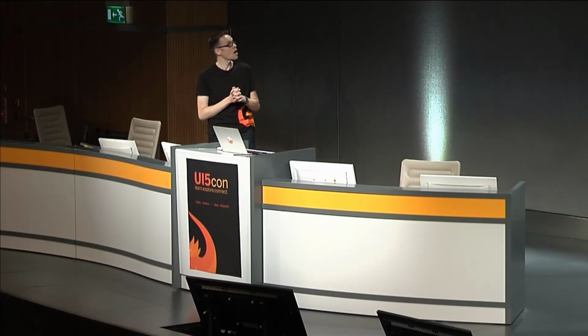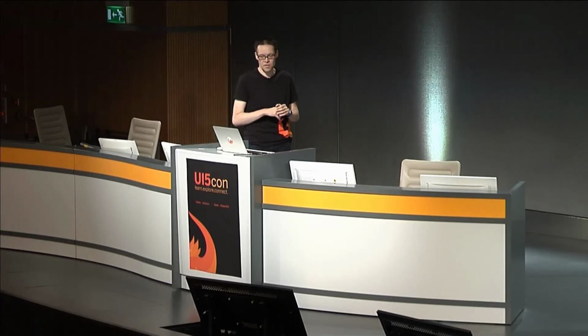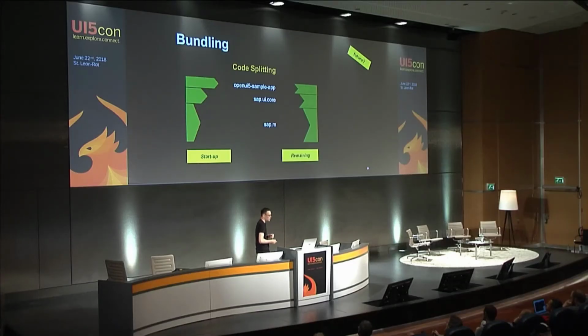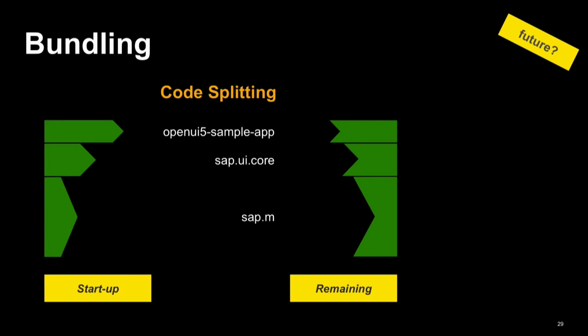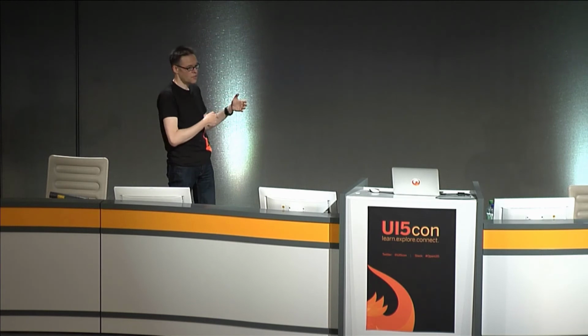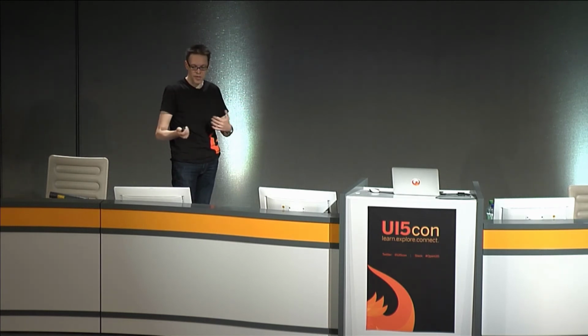What's quite in reach, I'd say, is if you look at such a full app and the code it requires. So why not use code splitting also for a UI5 app and have just that part that is initially needed for the startup transferred and used to bring up maybe just the first view of your application. And then later on, if you go into other sections of the application, then you would need the remaining parts, right?